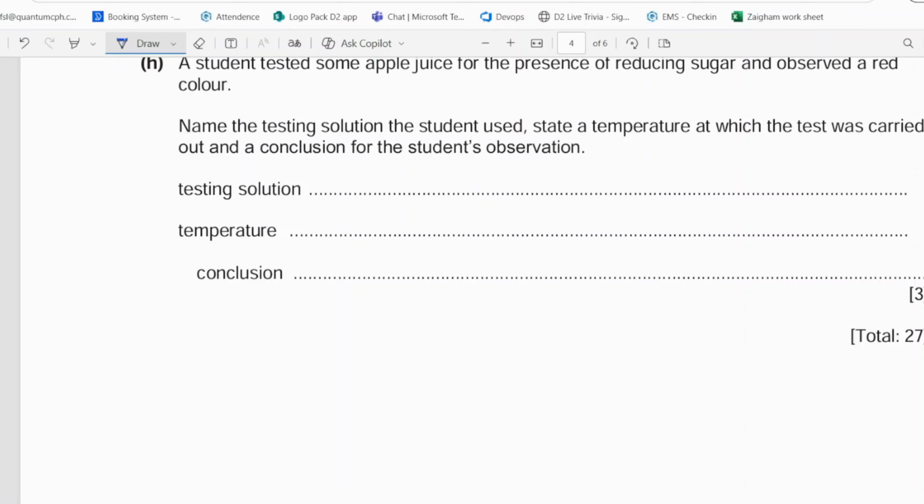Benedict's solution. So what would be the temperature of Benedict's solution, since we need to heat it? You can give a range of 50 to 100 degrees Celsius, since we need to heat the contents to get the result. If the color is red, what is your conclusion?